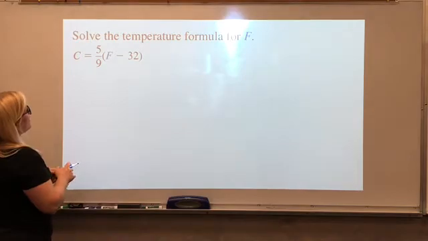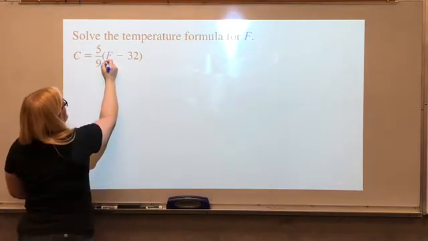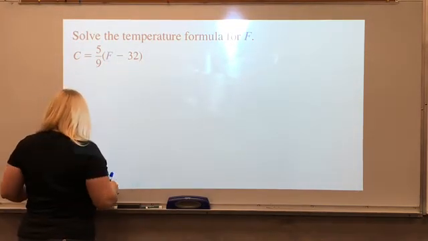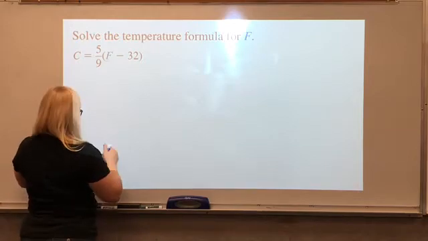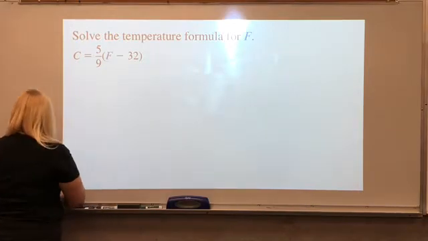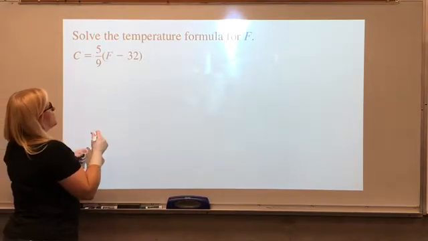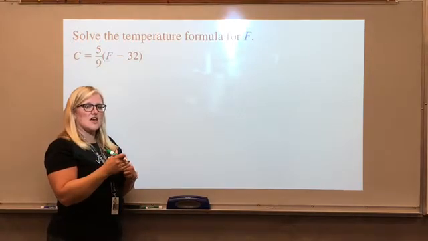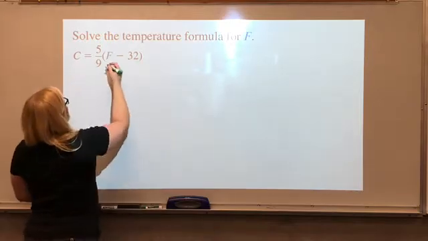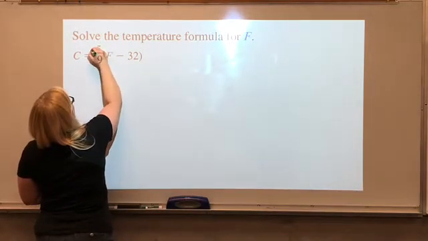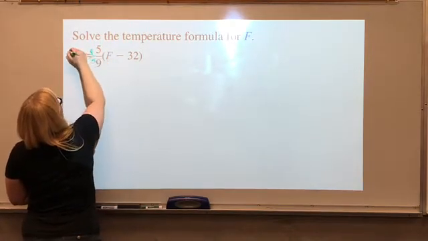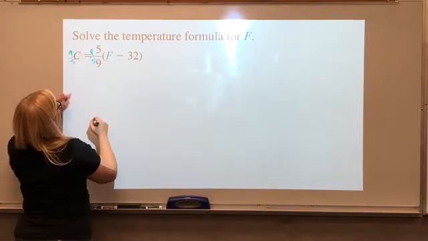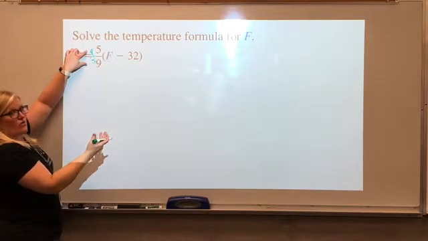Okay, so we're solving for F. We're going to get F by itself. And I'm going to start by getting rid of this fraction. So if I've got 5/9 there, I'm going to multiply both sides by its reciprocal. So if I multiply this by 9/5, okay, on both sides, then this becomes 45 over 45 really.